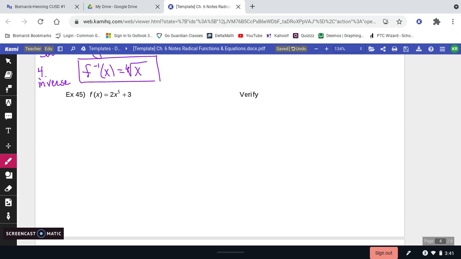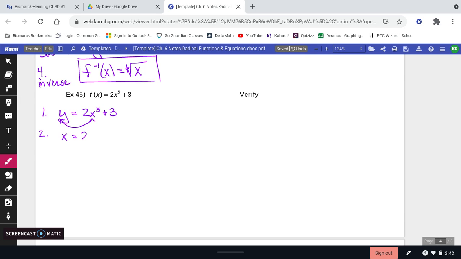All right, let's do one more here quickly, and then we will continue this conversation tomorrow, and we'll do a couple more for another example. Okay, so we're going to write this as y equals 2x to the fifth plus 3. We're going to swap the x and the y.